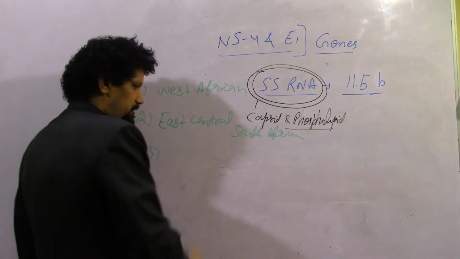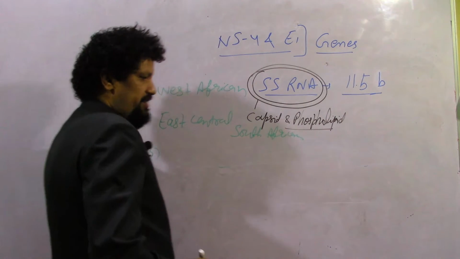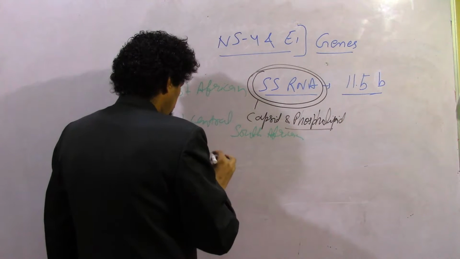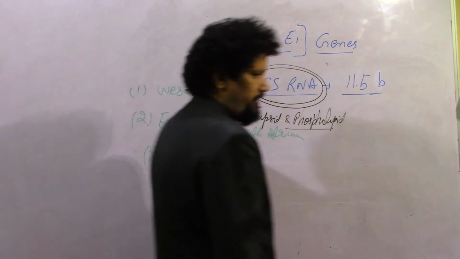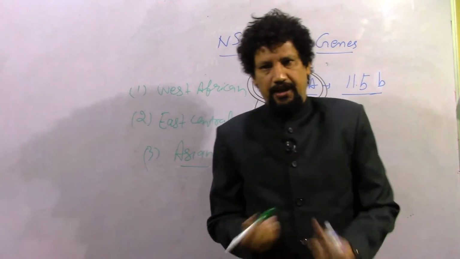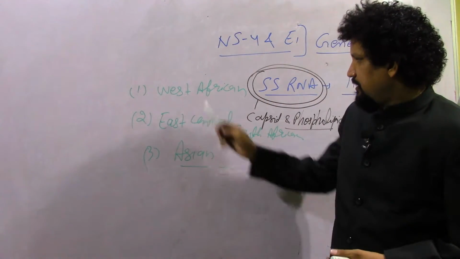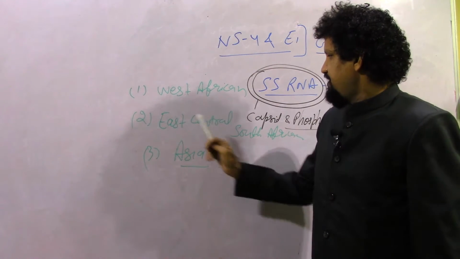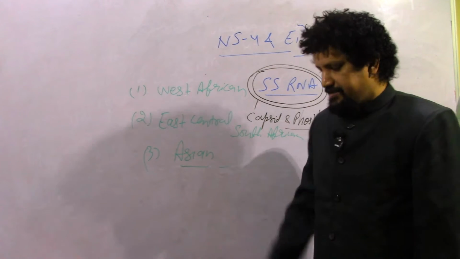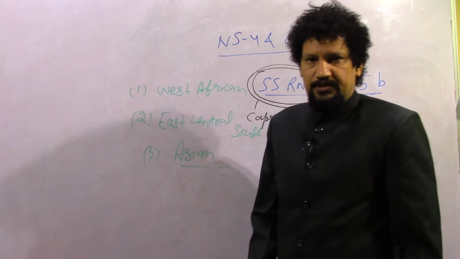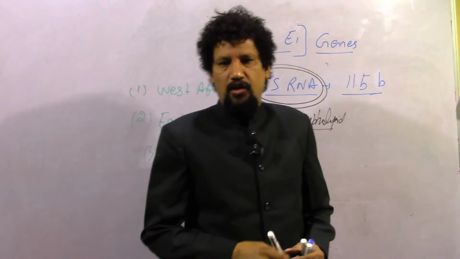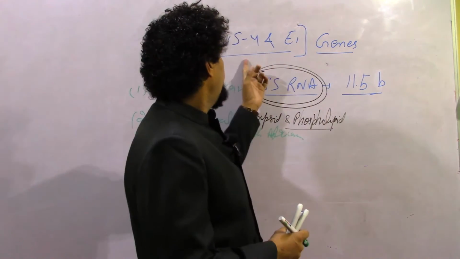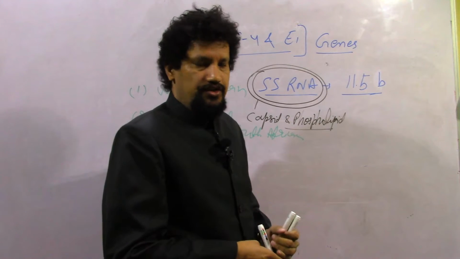And the third one is the Asian type. So ChikV has three groups: West African type, East Central South African type, and Asian type. These groups are divided according to the genetic sequence of the NS4 and E1 genes.